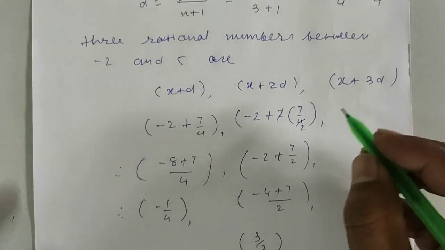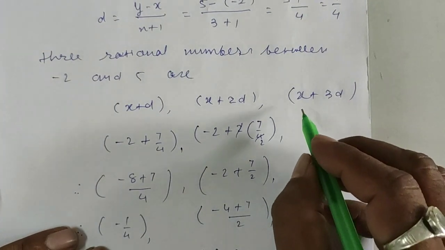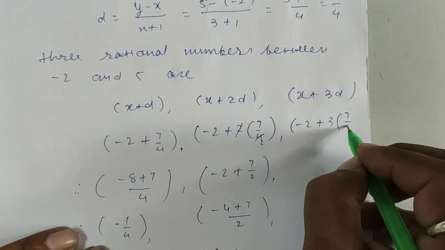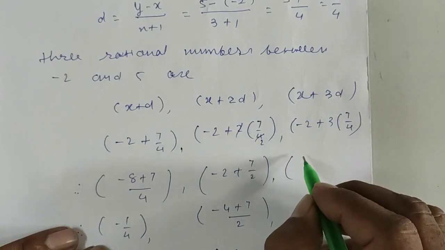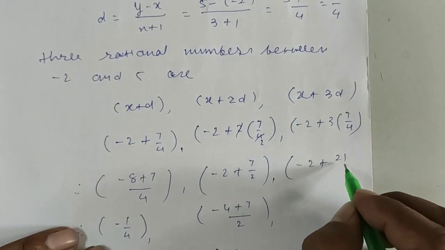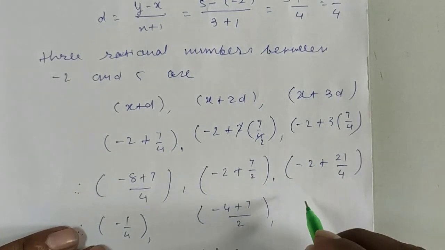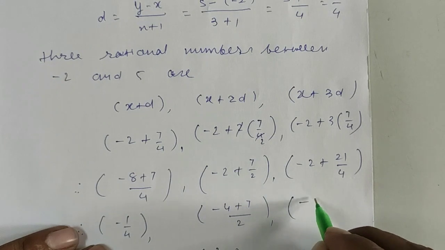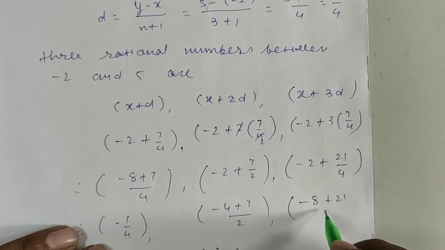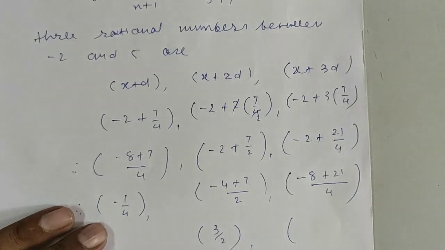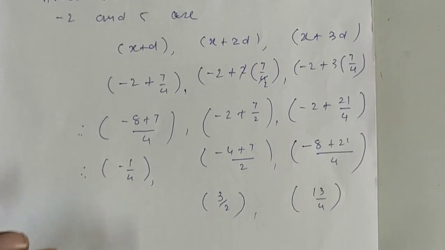Third number is x is equal to again minus 2 plus 3 d, we have 7 upon 4. So minus 2 plus 3 7s are 21 upon 4. Cross multiplication, 4 times 2 is 8, minus 8 plus 21 upon 4. So 21 minus 8 is 13 upon 4.